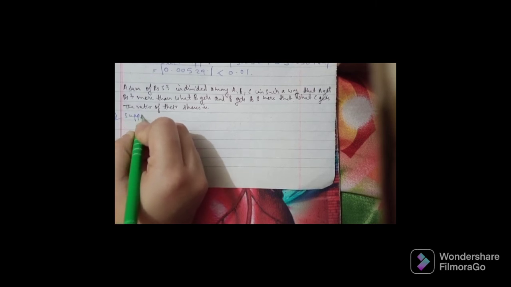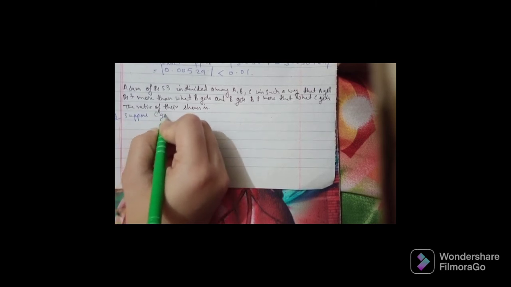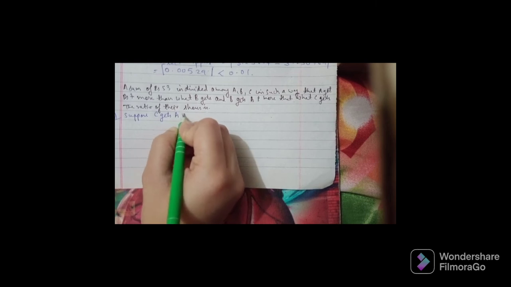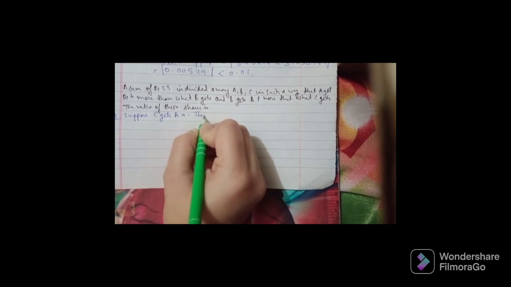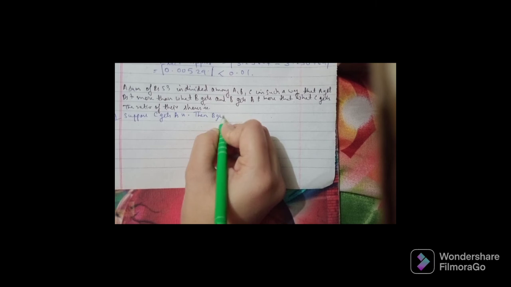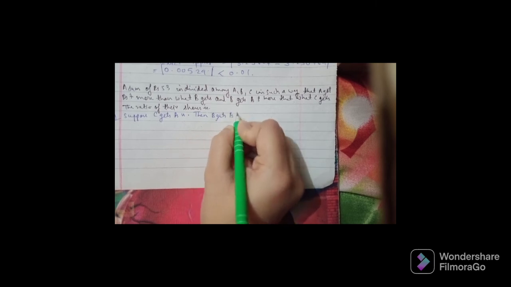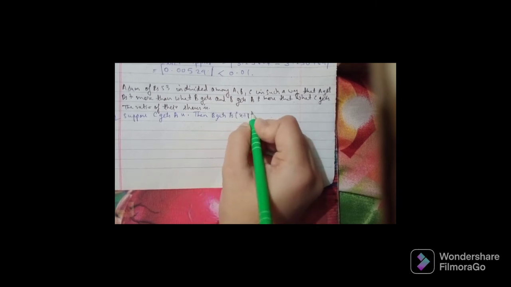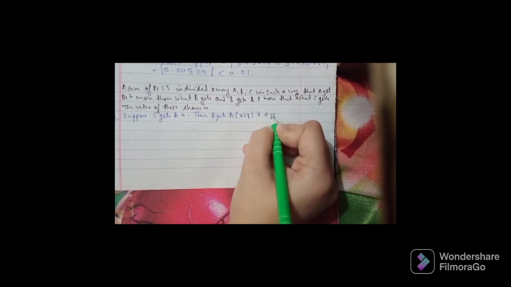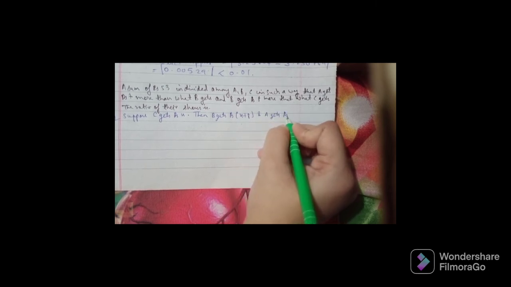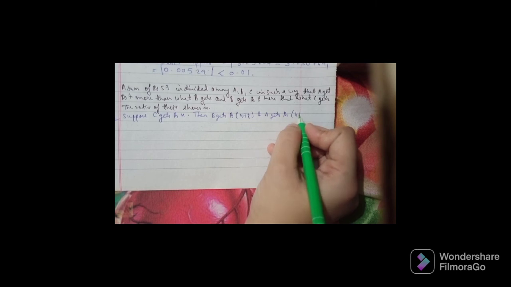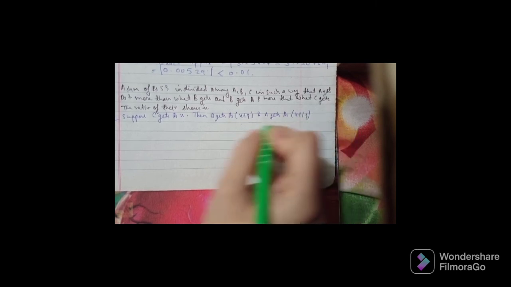Suppose C gets rupees X, then B gets rupees X plus 8, and A gets rupees X plus 15.